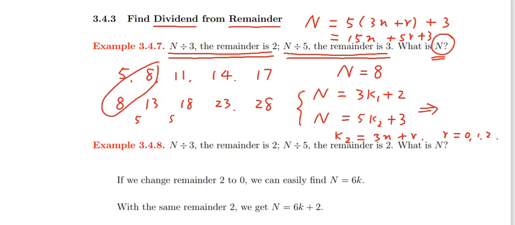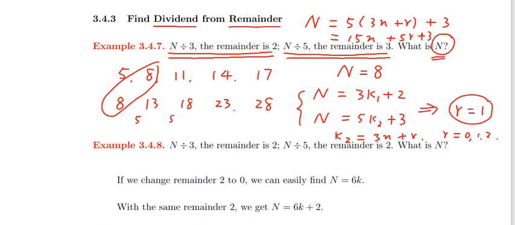So this divided by 3, remainder is 2. So we can find what is n. n equals 0 does not work. n equals 1 is okay: divided by 3, remainder 2, so r equals 1 is okay, and we just pick r equals 1.